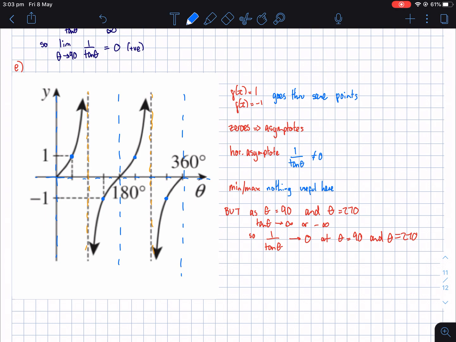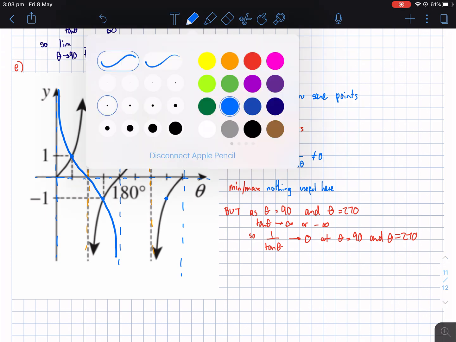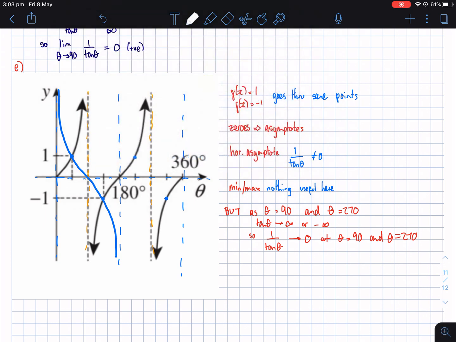Let me just double check something. I think what's going to happen is that we're going to go through here, but we're not going to have the point here. Let me double check that. What question is this? 13.